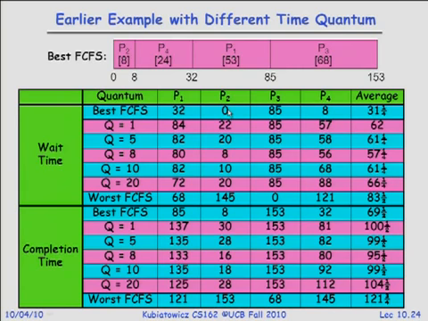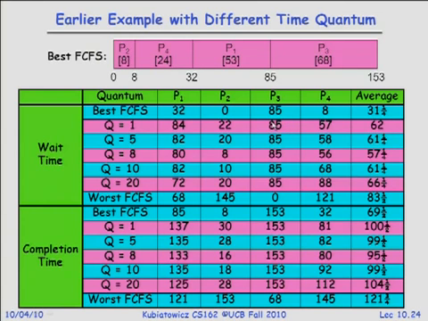And notice how the round robin scheduler does a pretty good job of at least bounding how long I take. Whereas the long job, which is P3, doesn't really care. It's all kind of 85 across the board except for maybe the case of the worst first come, first serve. But basically the point is the short jobs really benefit from round robin, the long jobs don't. But they don't really care that much.